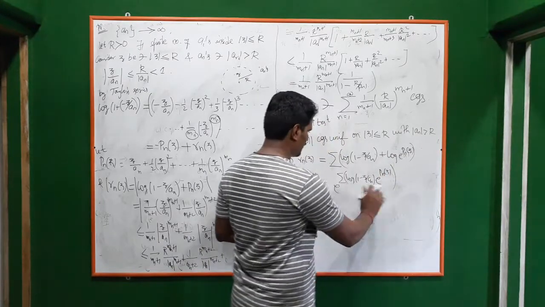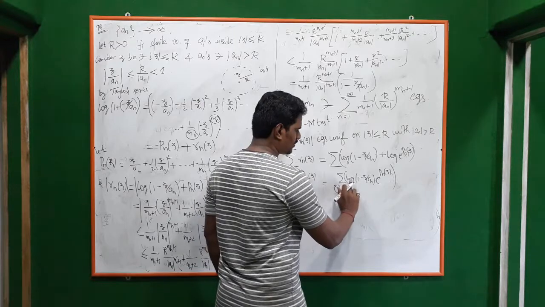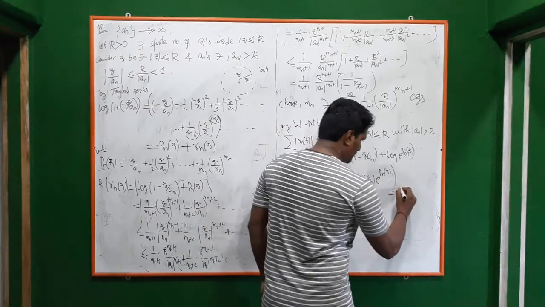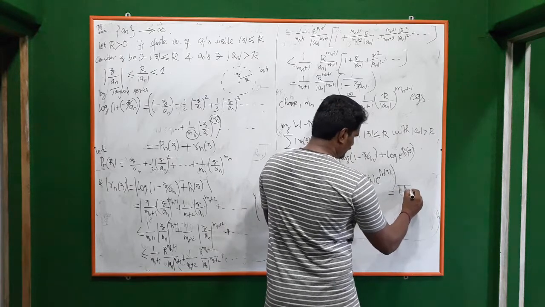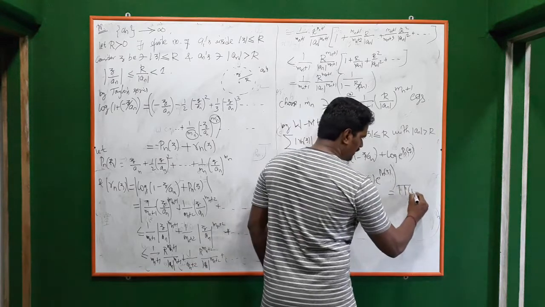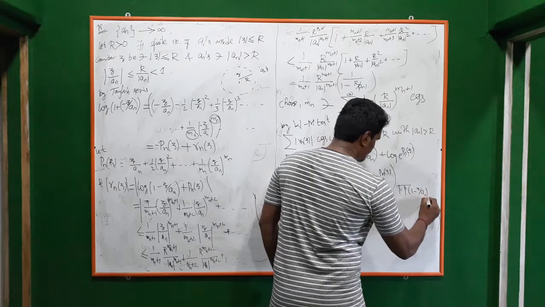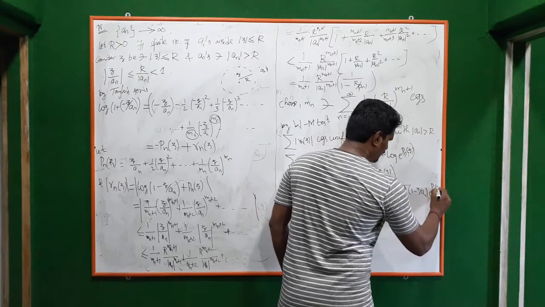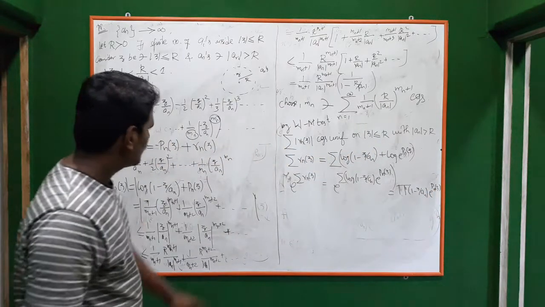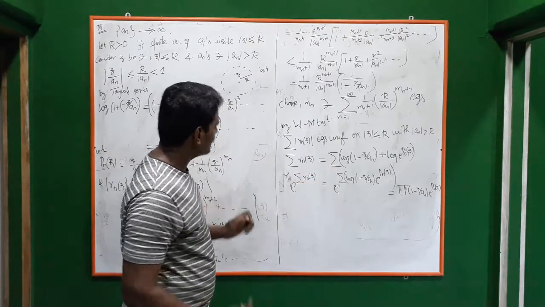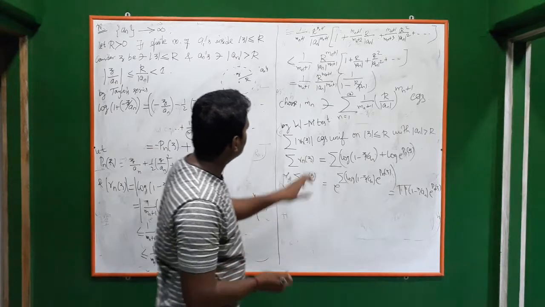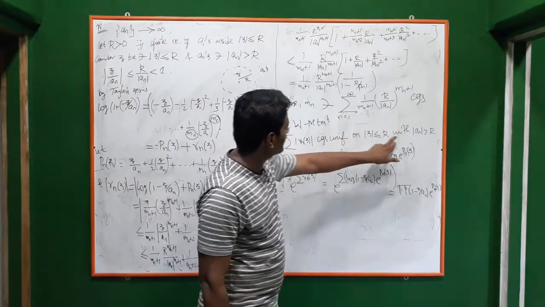Now log is common here. So e power summation log of this will be product, and the log will be cancelled. So this will be 1 minus z by an into e power Pn of z. Okay. So I didn't put any index here. Why is it? Because this series depends on this an.